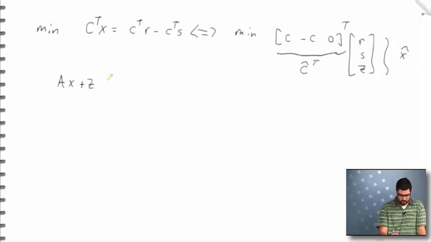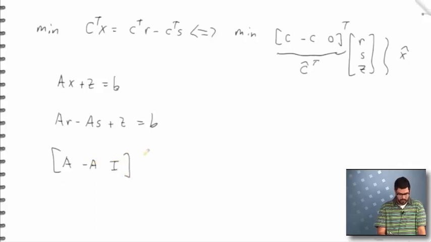So that's equality. That's great. But we have to get rid of X. So it's AR minus AS plus Z equals B, giving us A, minus A, identity, and then of course times R, S, and Z is equal to, I keep confusing those, is equal to the vector B. And now this is our new A hat.